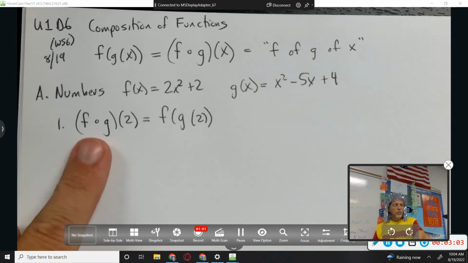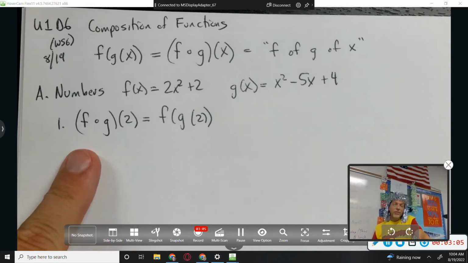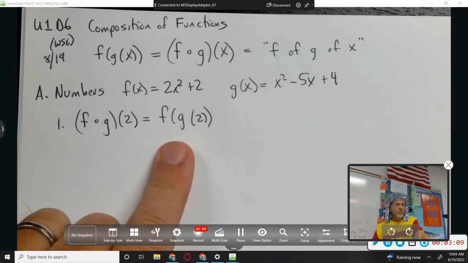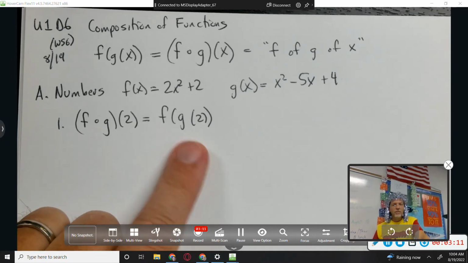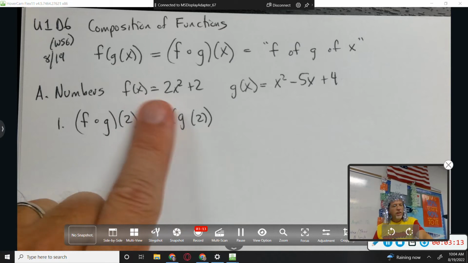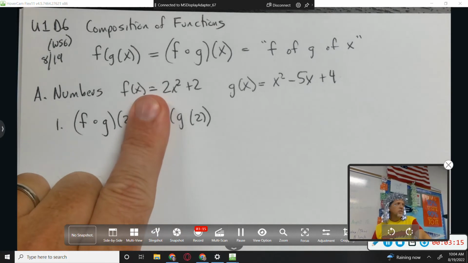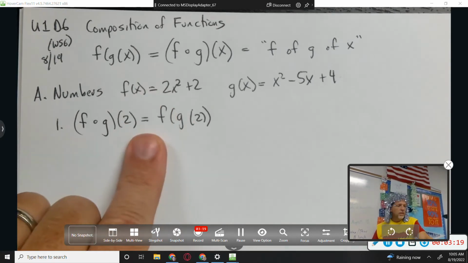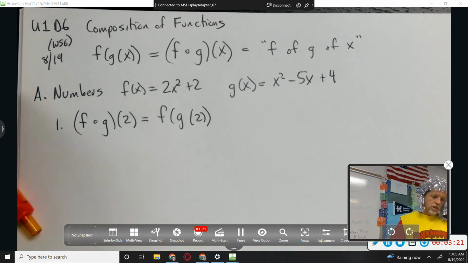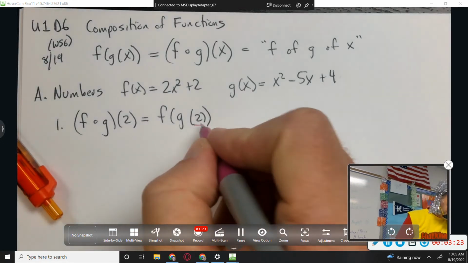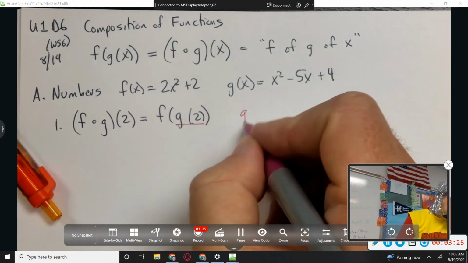Because when you write it as fog, it looks like you maybe should do the f function first. But when you write it as f of g of 2, I think it becomes a little more obvious that you need to do g of 2 first, because that's what's on the inside. So let's find g of 2. Whatever that is, we'll use that to plug in to f. So first thing we'll find is g of 2.